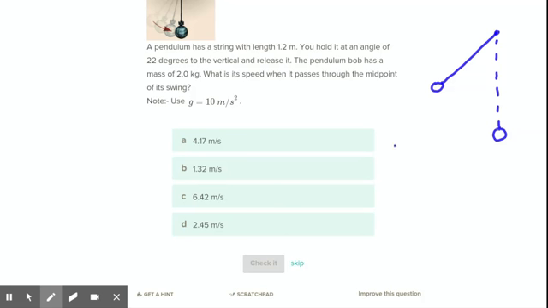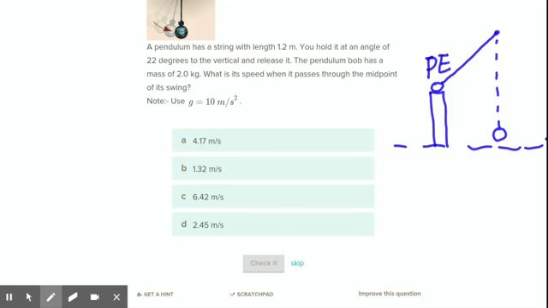So let's say this is the lowest point it can get, because at midpoint, the pendulum is at the lowest point, right? We all know that when it's at height, when it's at rest, it only has potential energy.